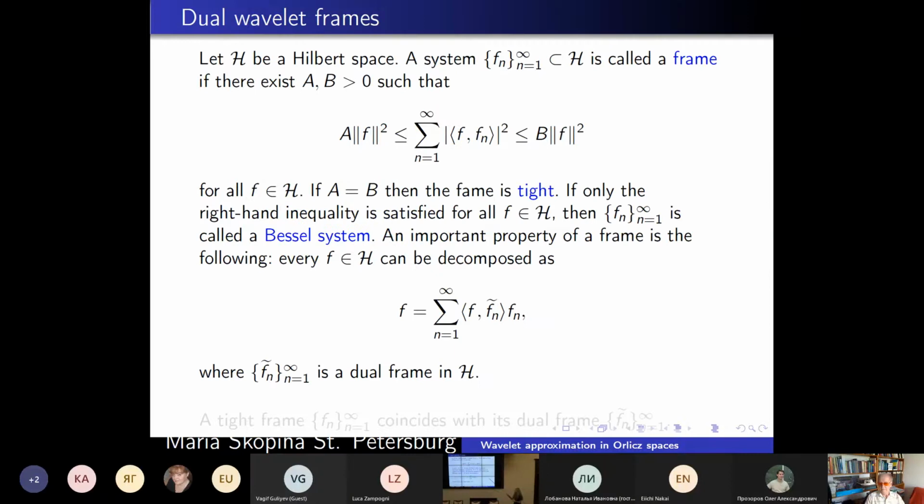I remind you what a wavelet frame is. First, what is a frame? A frame in a Hilbert space is a sequence such that there exist positive constants A and B for which this two-sided inequality holds for any function f from H. If A is equal to B, such a frame is called a tight frame.